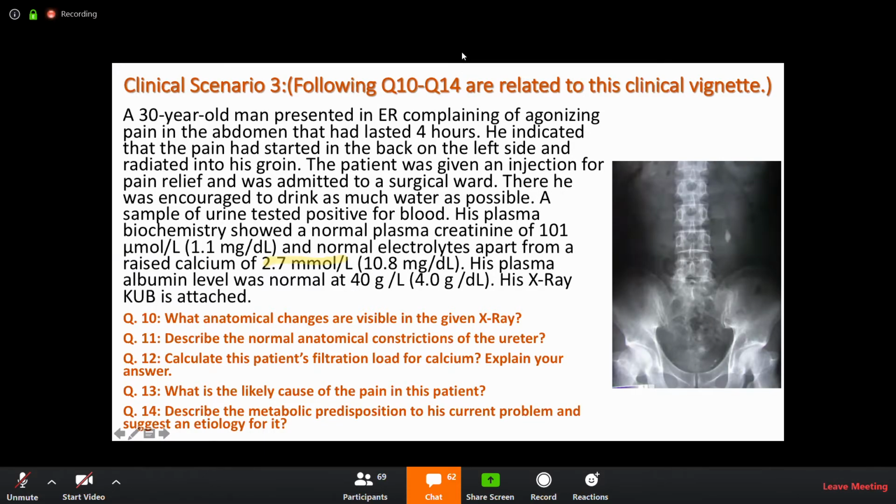So in a patient that's 30 years old, this is a pretty young guy. The thing to look for in this case is what his levels of parathyroid hormone are.